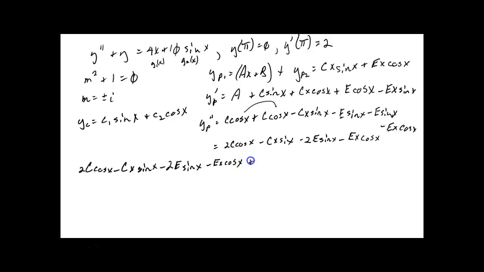So it'll be plus Ax plus B plus Cx sine x plus Ex cosine x. And that's supposed to equal 4x plus 10 sine x.